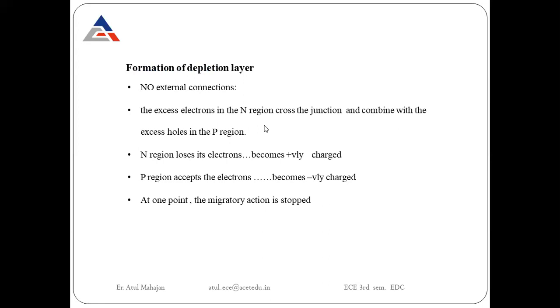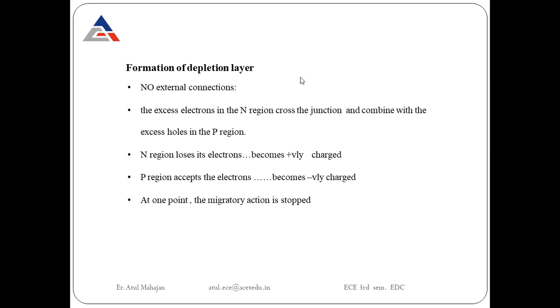Now, the formation of a depletion layer. How does the formation of this depletion layer occur? There are no external connections. When there are no external connections, the depletion layer remains constant. The excess electrons in the N region cross the junction and combine with excess holes in the P region.